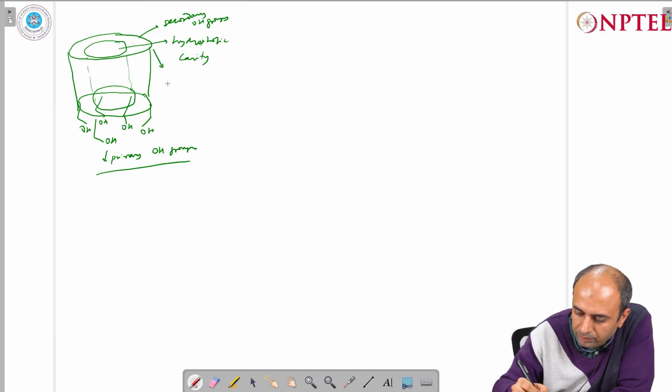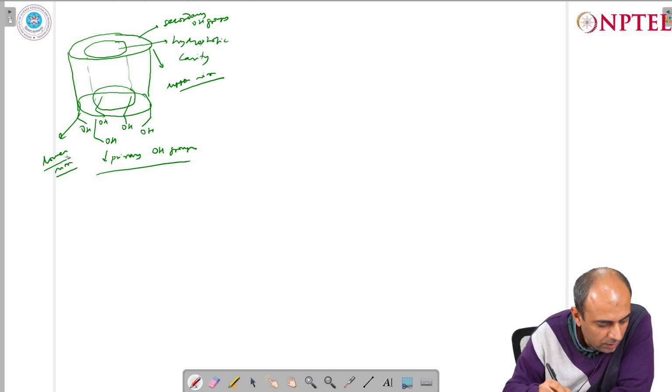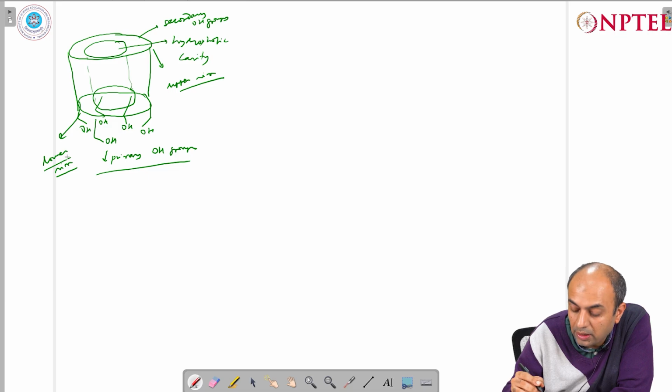So this is the upper rim and this is the lower rim. So the upper rim and the lower rim have got these hydroxyl groups, and this is the hydrophobic cavity.